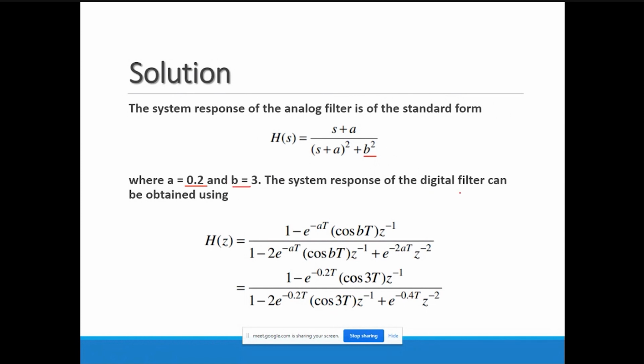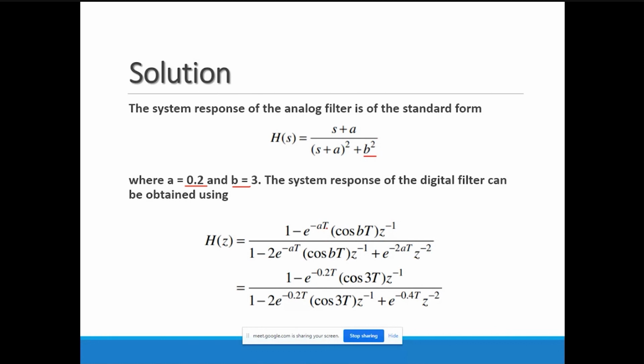So the system response of the digital filter can be obtained using the generalized equation. H of z is equal to 1 minus e raised to minus aT cos bT z inverse, divided by 1 minus 2 e raised to minus aT cos bT z inverse plus e raised to minus 2aT z raised to minus 2.